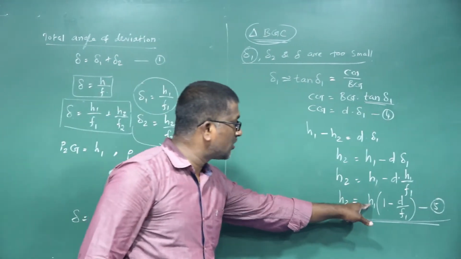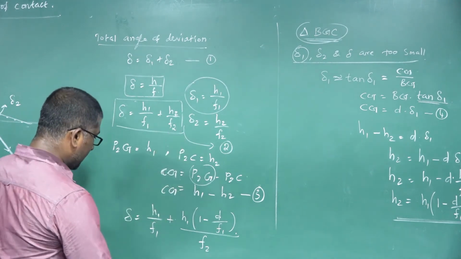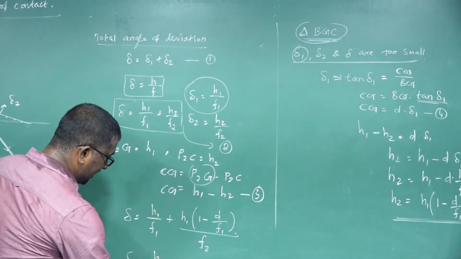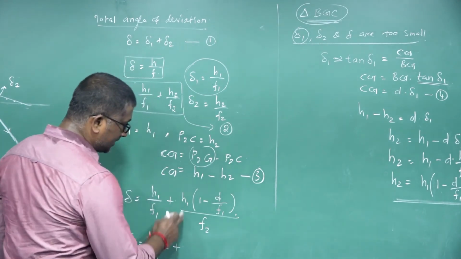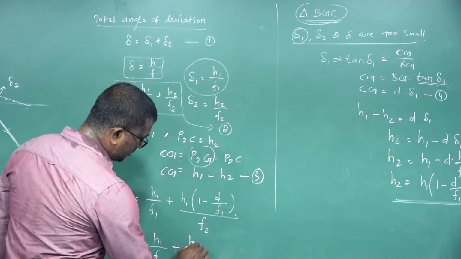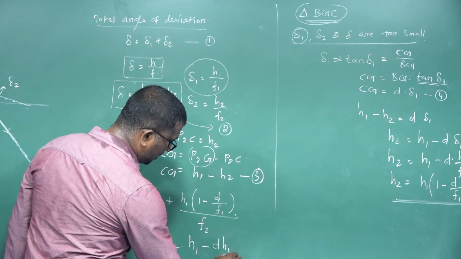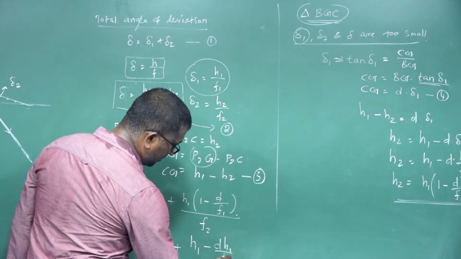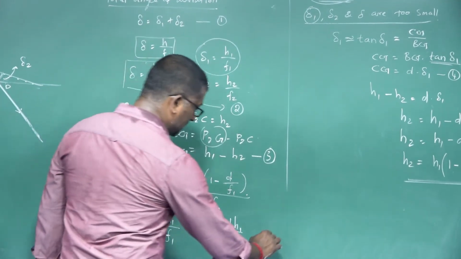H2 is equal to H1 of 1 minus D divided by F1, divided by F2. So del is equal to H1 divided by F1 plus H1, just to take H1 inside. So H1 minus D H1 divided by F1, whole divided by F2.